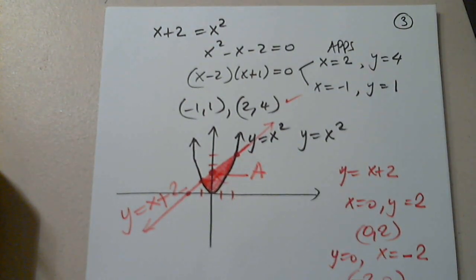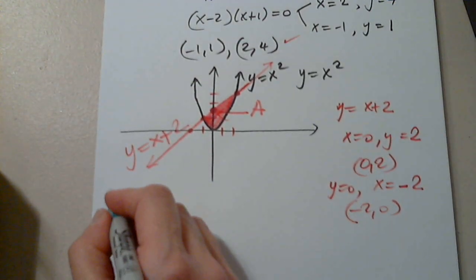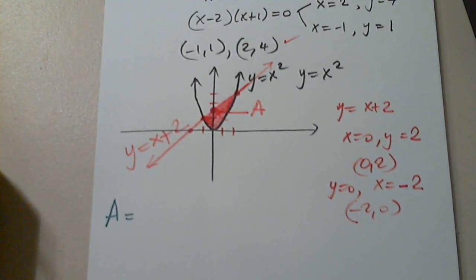Can anyone dictate what I should find? How do I find it, and what is the area equal to? How do we write it? Please give it a shot.